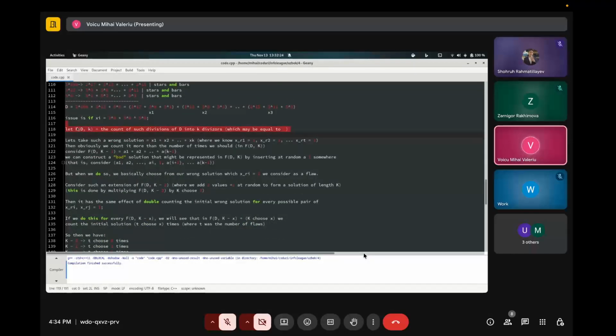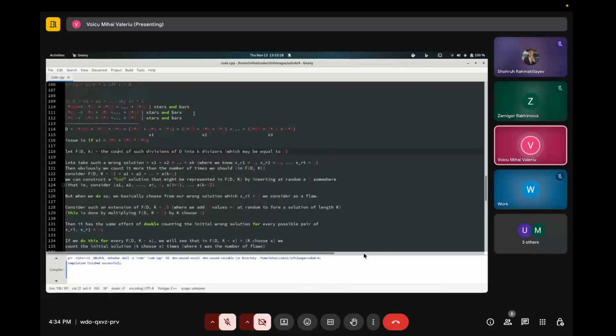So let's call f of d of k the count of divisions that we count with the stars and bars formula of d into k divisors, which is basically the product of all the stars and bars, but where we might vary k.